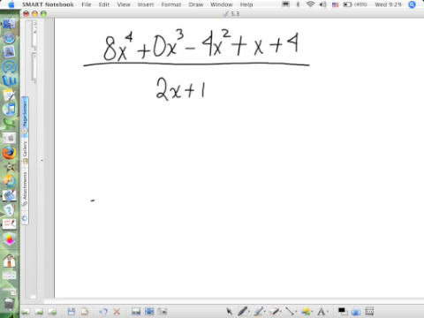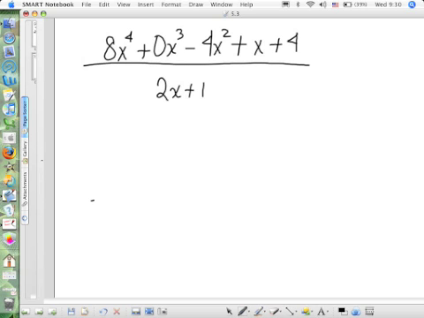All right, so in order to make synthetic division work, you can't have a number in front of the x because we don't even put it in the problem while we're going through the process, are we? So what do we do? Whatever this number is, if I want to get rid of it, how do you get rid of a 2 times x? You divide by 2, right? But in order to keep this fraction correct, that means that every single term that exists in that fraction needs to be divided by 2.